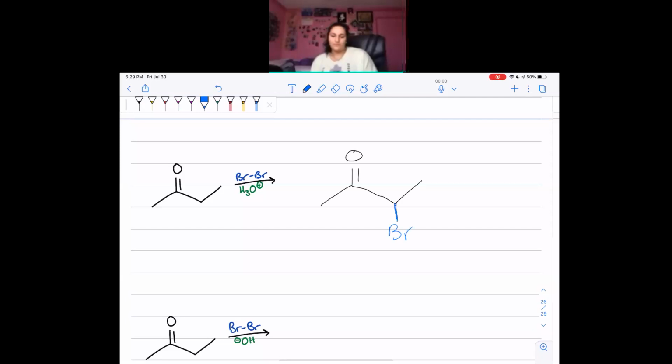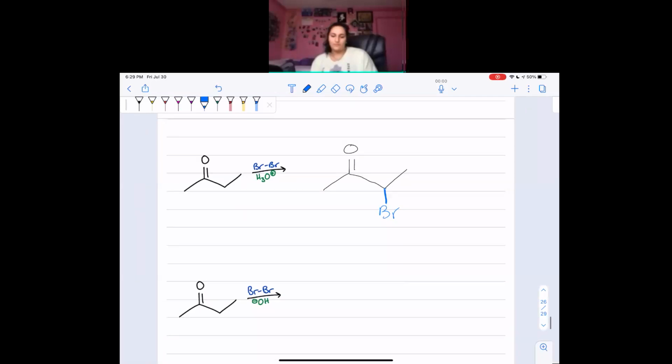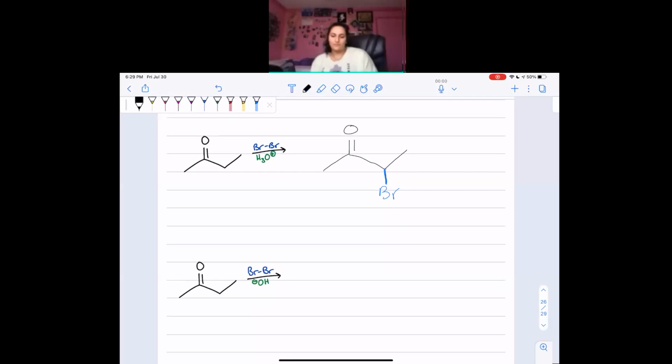We add 1 bromine. With the base catalyst, we're actually still going to look at that most substituted side, but now we're going to add as many bromines as we have hydrogens. In this example, there were 2 hydrogens on this side, so we end up with 2 bromines attached.